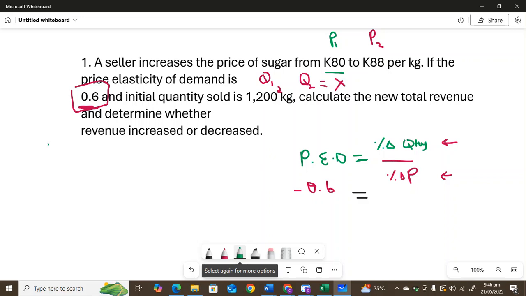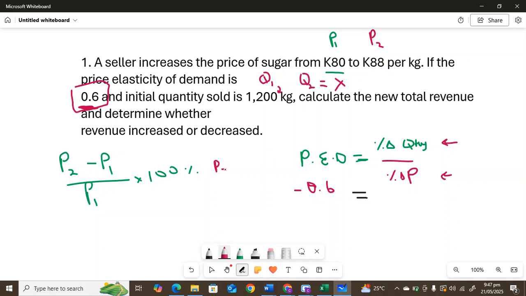That is correct, madam. Thank you. Or you can do P2 over P1 minus 1 times 100%.